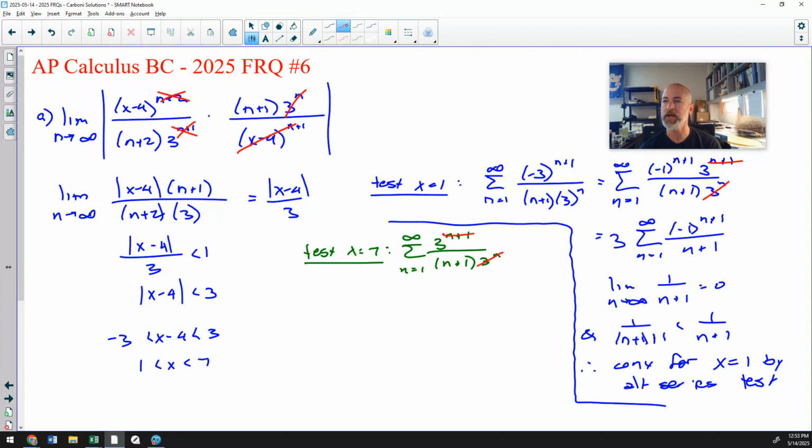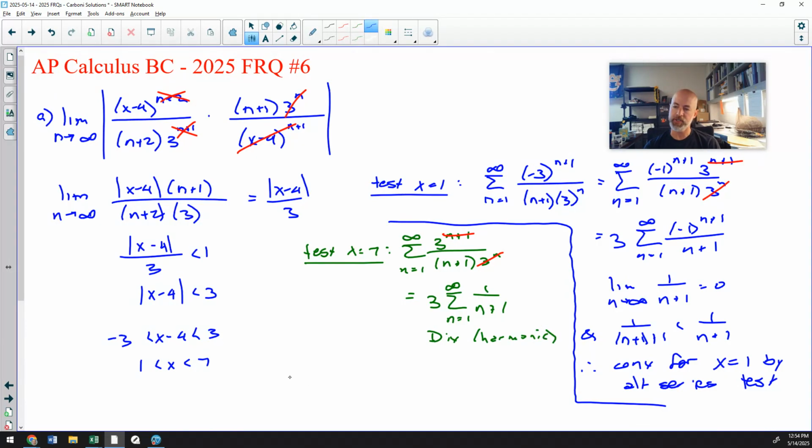That will cancel, and I can pull this 3 out. That's going to be the same thing as 3 times the series of n equals 1 to infinity of 1 over n plus 1. And that diverges. That's your harmonic series. You're just missing the first term. So that's going to diverge. It's harmonic.